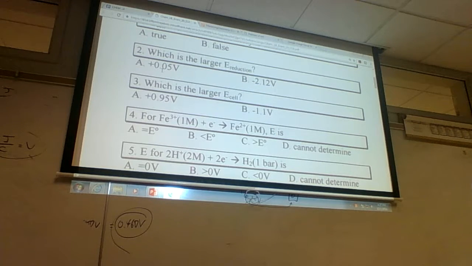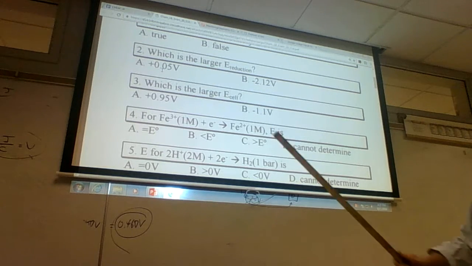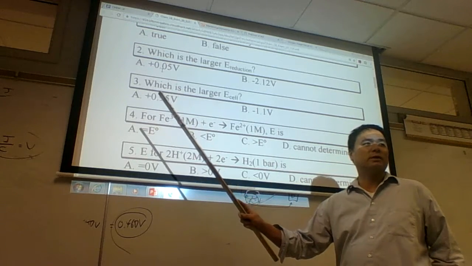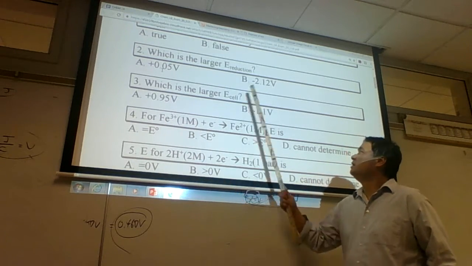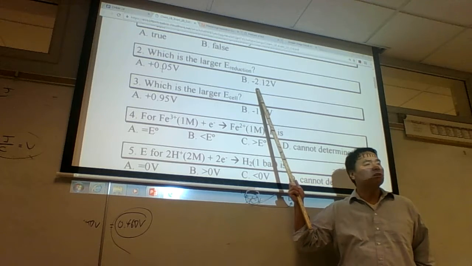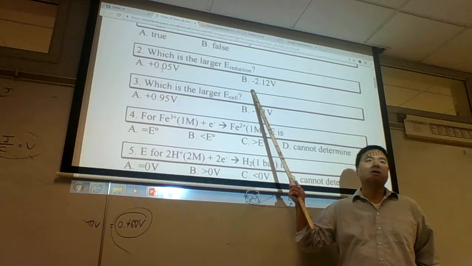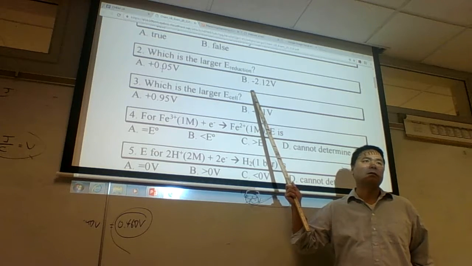If you have a negative cell potential, it means electrons are trying to flow backwards in your voltmeter. But does a negative half potential mean electrons are trying to flow backwards? No. This negative means that you're weaker than the SHE.